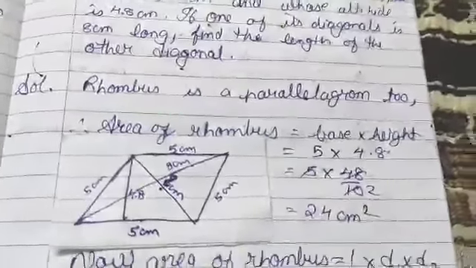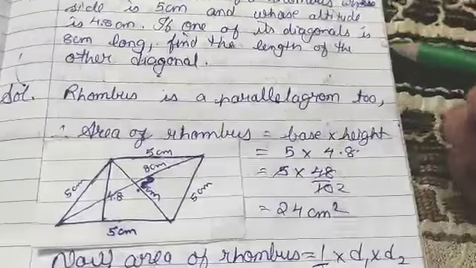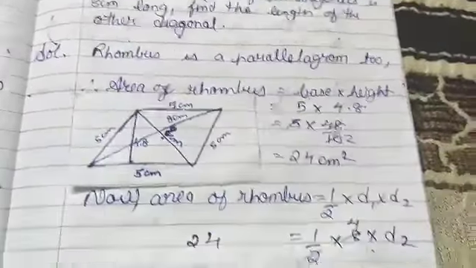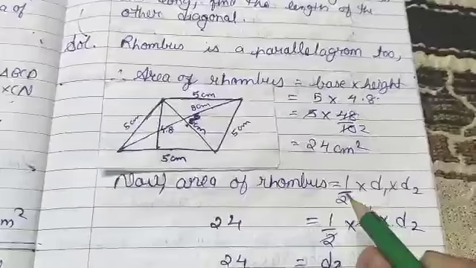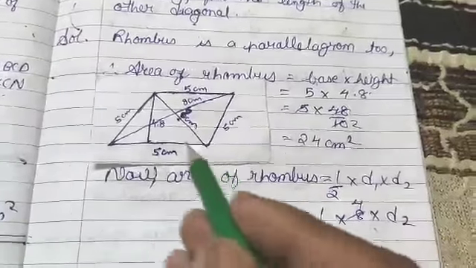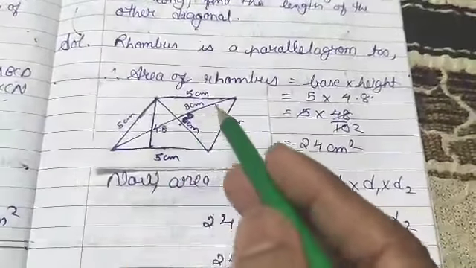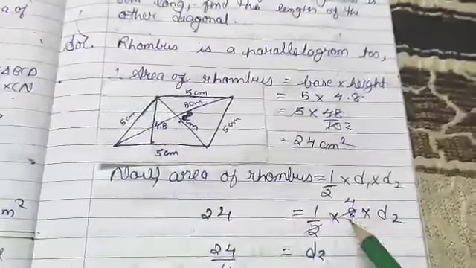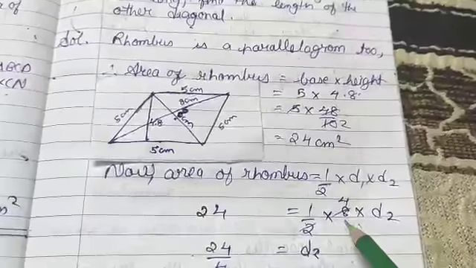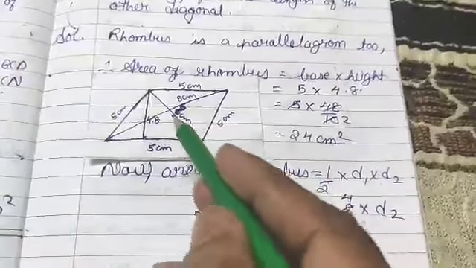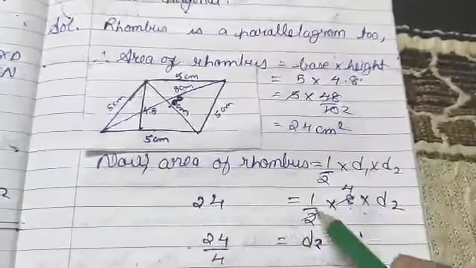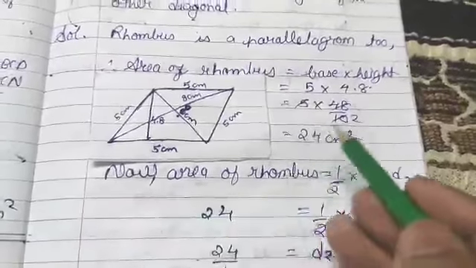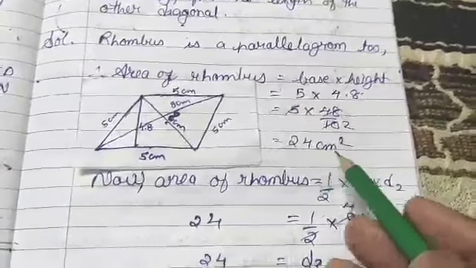Now with the help of this we will try to find the value of the other diagonal. Again apply the formula: area of rhombus equals half into d1 into d2, the product of the diagonals. The length of one diagonal is 8 centimeter, which is given. So write down d1 equals 8 centimeter, and d2 we are finding, that is the question mark. And as we just found, the area of the rhombus is 24 centimeter square.